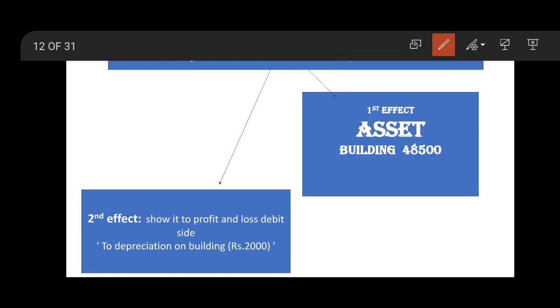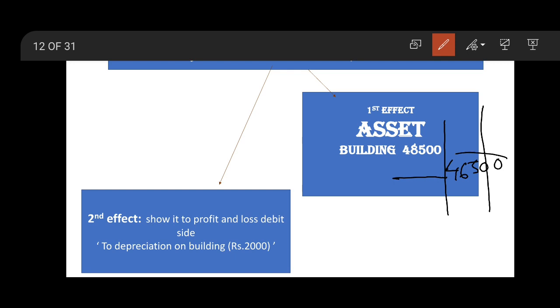So asset was having 48,500, this was opening balance. Here you are given with the closing balance in the adjustment, building 46,500. This is the balance right now, 46,500, means it comes outside.